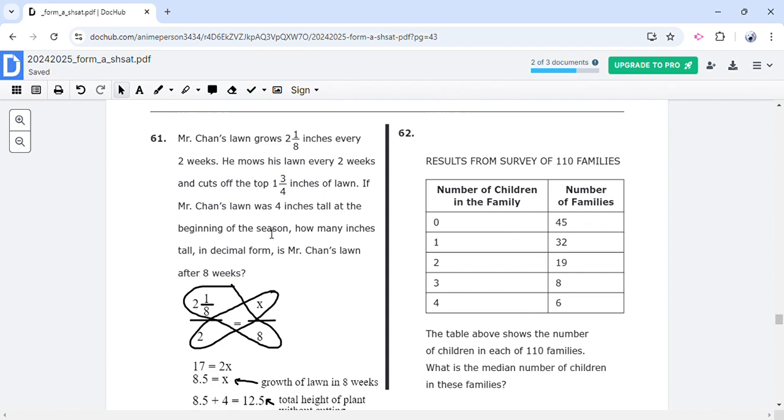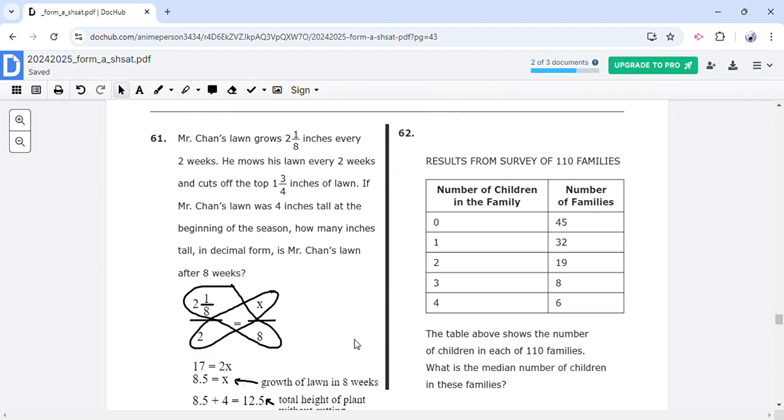You can do another proportion here, and you can do 2 1/8 over 2 is equal to x over 8. Again, corresponding numbers. 2 corresponds to 8, and 2 1/8 corresponds to x. And you can do cross multiplication to get 17 equals 2x, which means that 8.5 equals x, which is the growth of the lawn in 8 weeks.